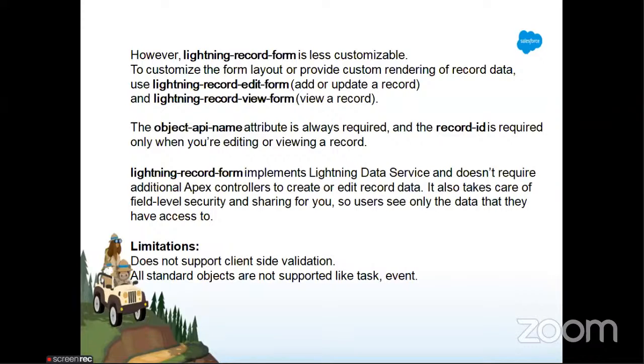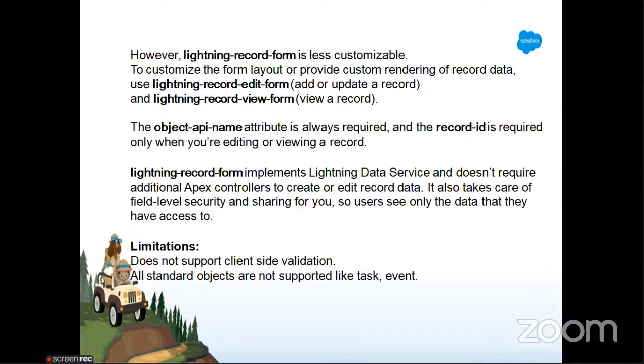The object API name attribute is always required, and record ID is required when you are going to associate a component with a specific record, right? So when we talk about lightning record form, it doesn't require any additional Apex controller to create or edit your record.